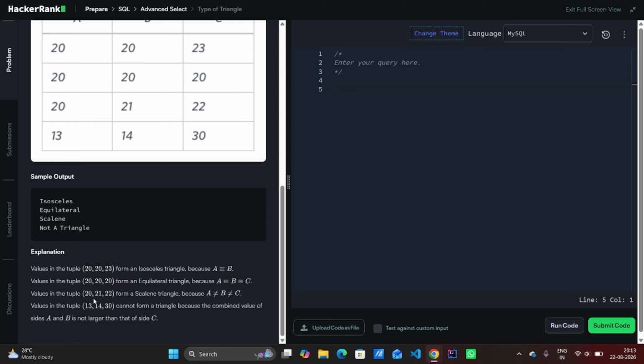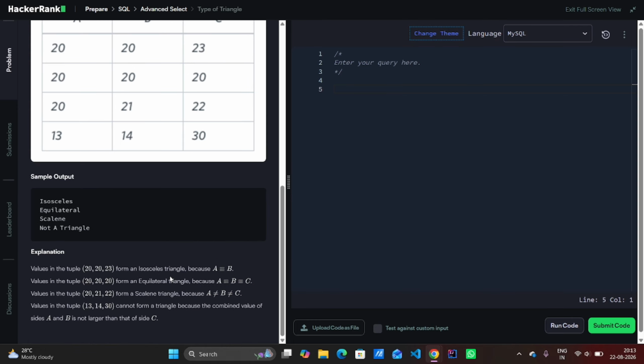And values in the tuple 20, 21, 22 form a scalene triangle because none of the sides is equal. Values in the tuple 13, 14, 30 cannot form a triangle because the combined value of sides A and B is not larger than that of side C. So I think there is nothing to explain, this is clearly said.